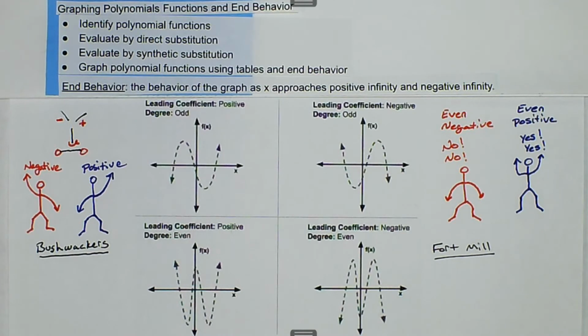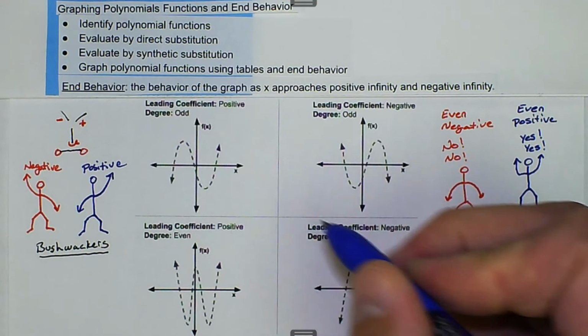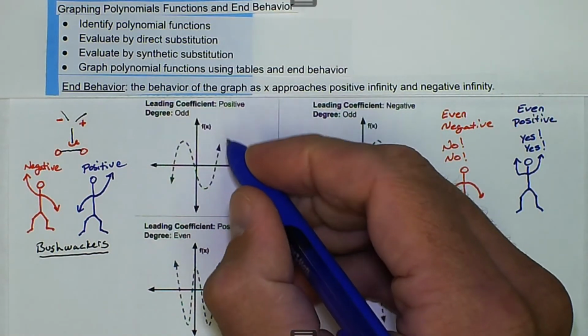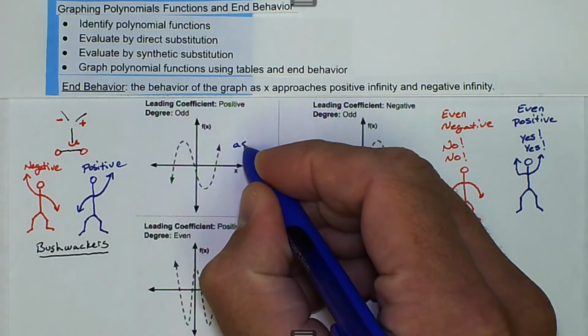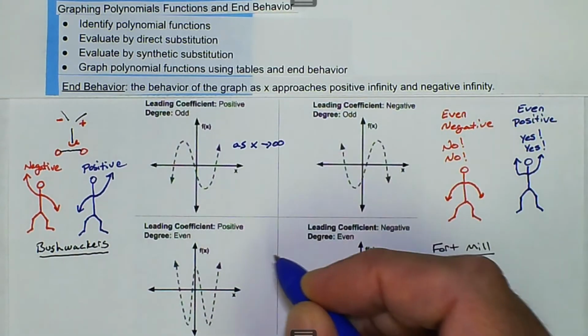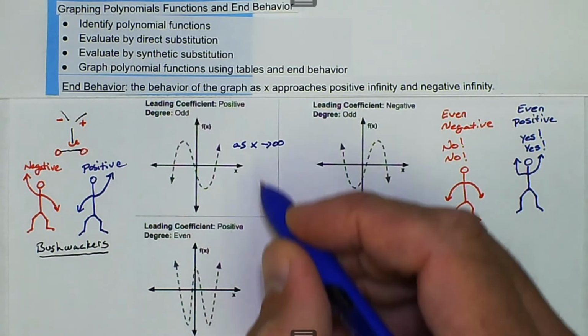The other thing that we need to think about when we're talking about end behavior is as the function approaches infinity, or as x approaches infinity, what does the function do? So if we're looking at the odd positive, as x goes to infinity, what does the function do?